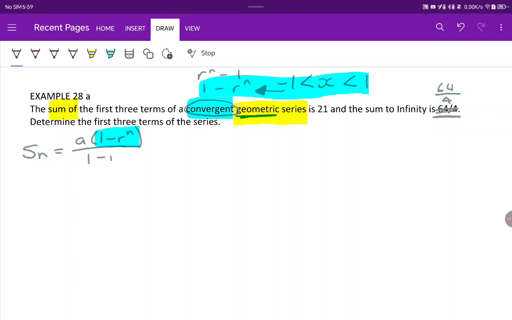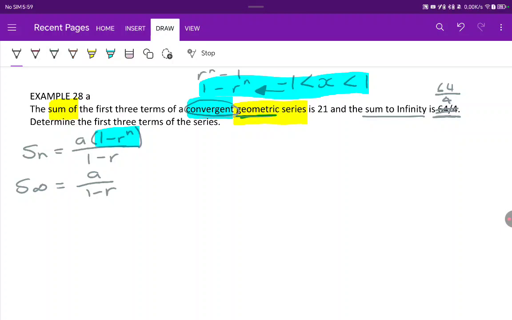Then we got 1 minus r, and our second equation is going to be the sum to infinity. So S infinity is equal to a over 1 minus r. Those are the two equations we're going to use, right? What other information do we have?